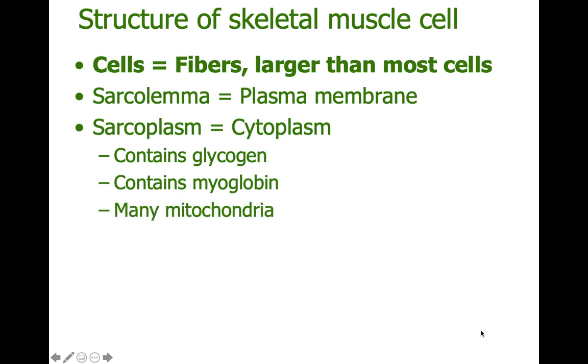The other thing we're going to see lots of is many mitochondria. Again, refer back to exam 1. When we were talking about mitochondria, we said that we're going to have varying numbers of mitochondria depending on what the job of the cell was. And you'll remember, one of our examples was adipose, and they had very few mitochondria.